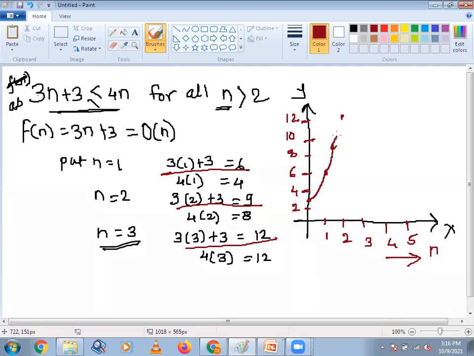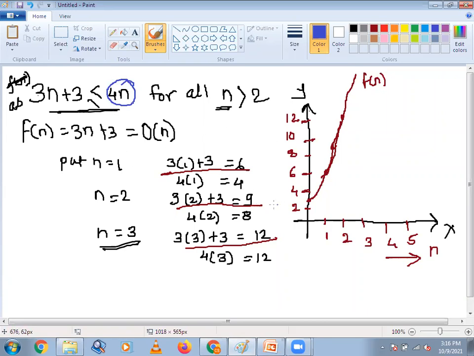This is the line for f of n, and suppose we draw the line for g of n, that is 4n. 4n is g of n.